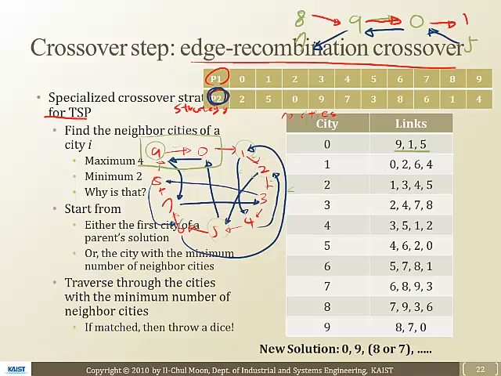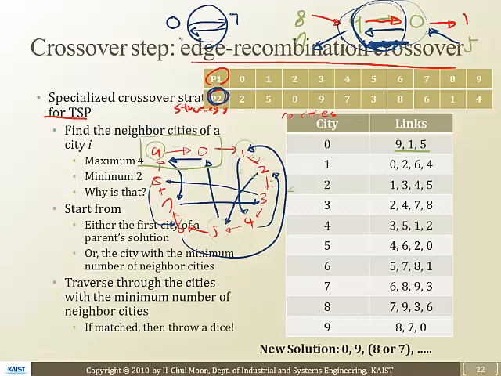Those two solutions share a great value here. Those two solutions point out that this route, 9 to 0, has really small cost, and it wants to keep it in its routing schedule, right?